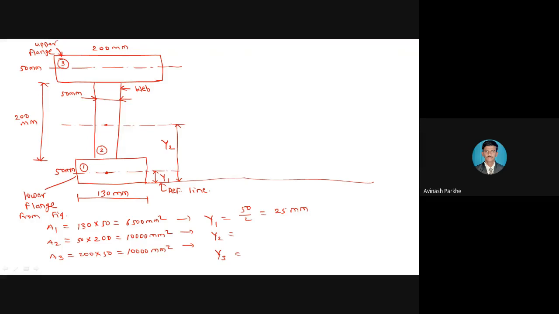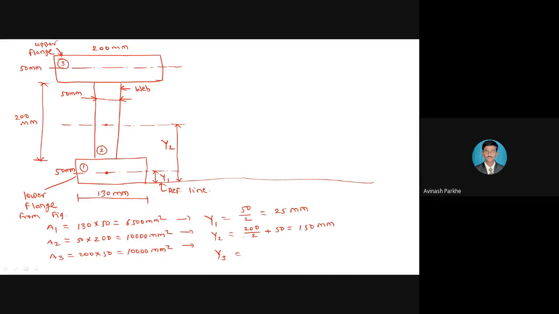What is the total height of section number 2? 200. 200 divided by 2 plus 50. 200 divided by 2 plus this 50 I have to take as it is, because the distance of 50 mm between the reference line and section 2 we have to consider. So you will get Y2 is equal to 150 mm.